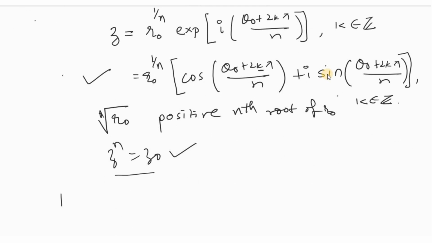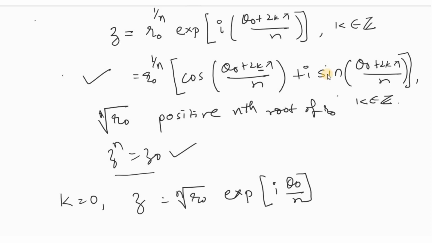For example, if k is 0, then you can write z = nth root of r0 times exponential of i theta0/n, because k is 0 here. And this is called the principal root of the given equation.